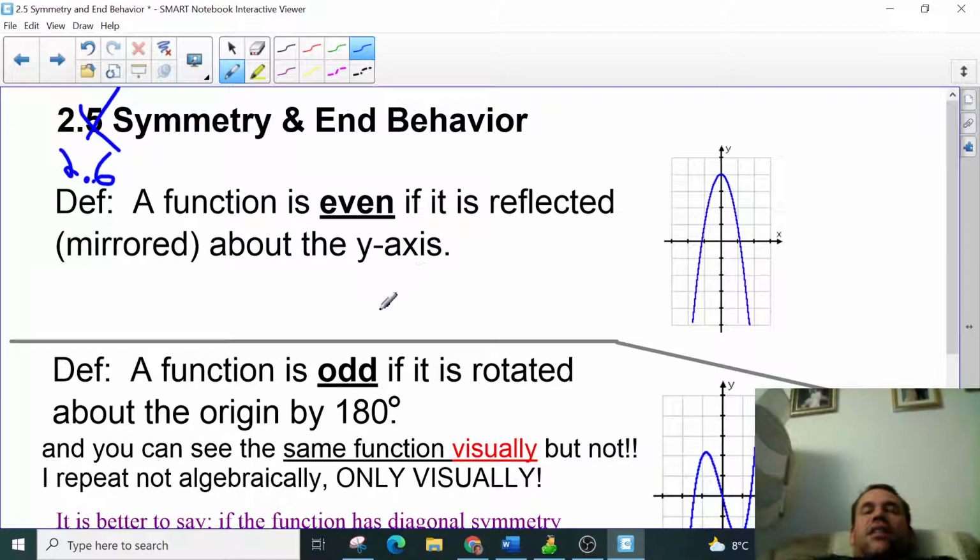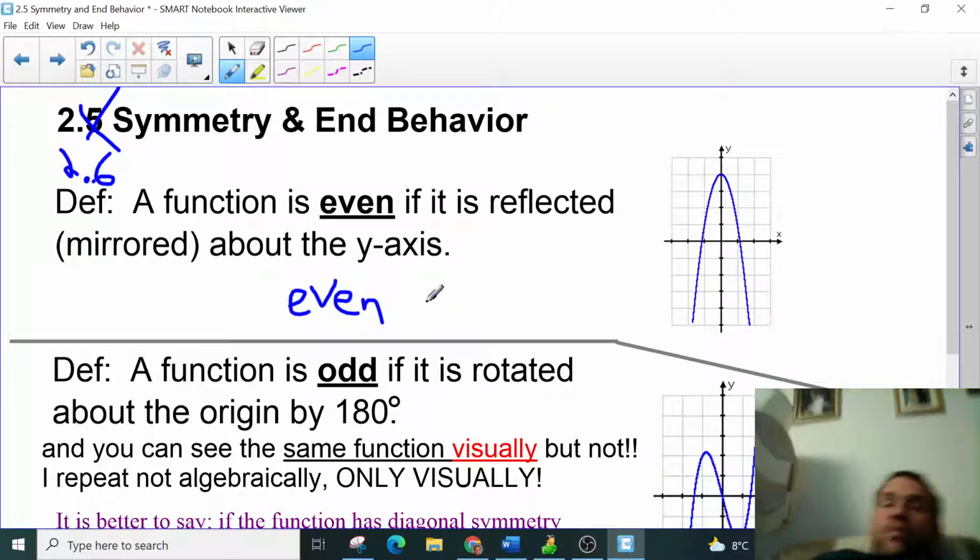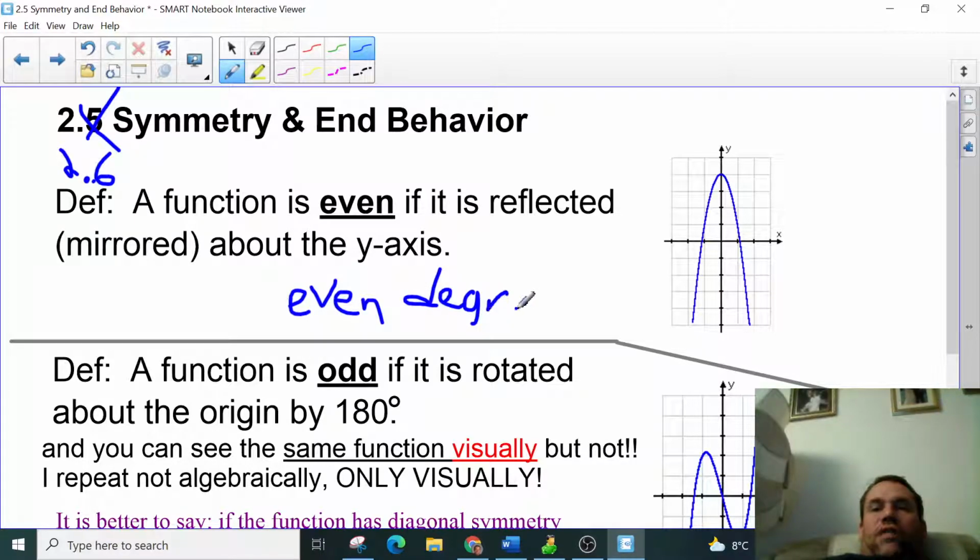Okay, so a function is even if it's reflected or mirrored about the y-axis. Also, a function is an even degree function if the end behavior is both going down, down, or up, up, because that means they're both going in the same direction.